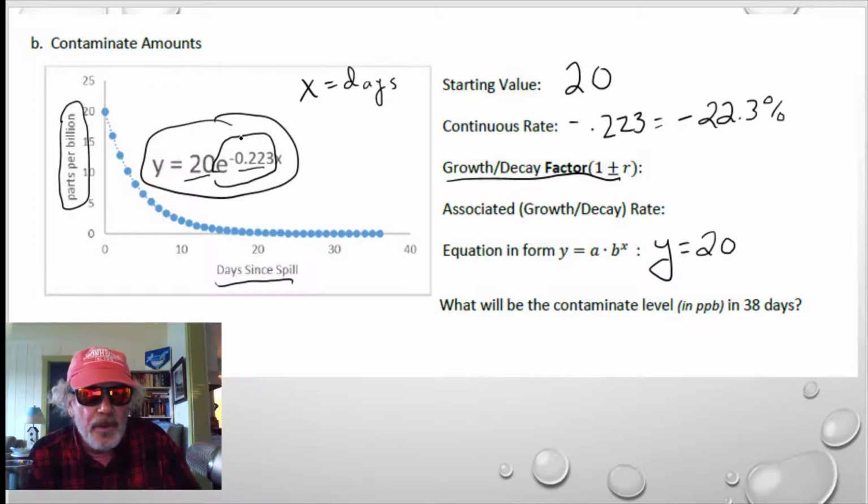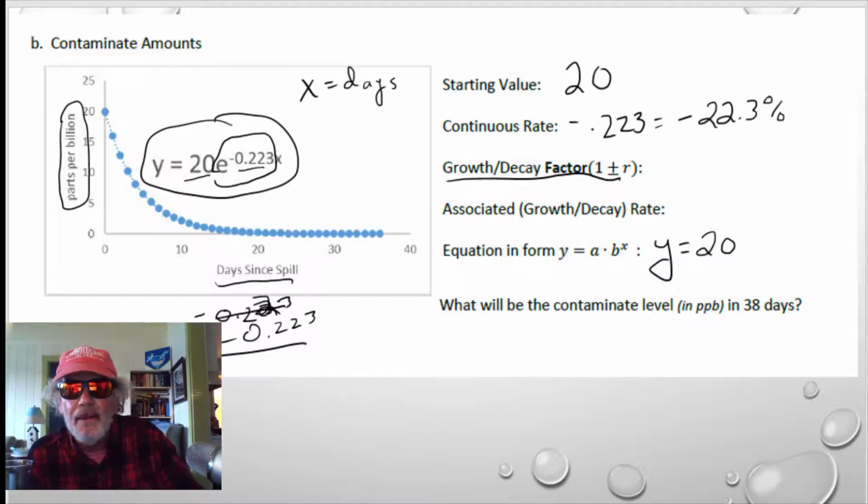So what is 20 actually being multiplied by? It is being multiplied by e raised to the negative 0.223.